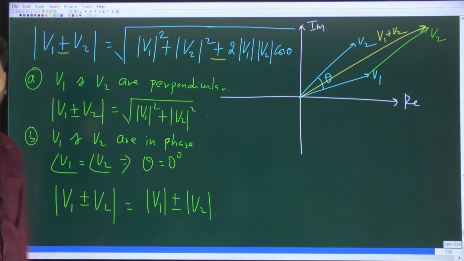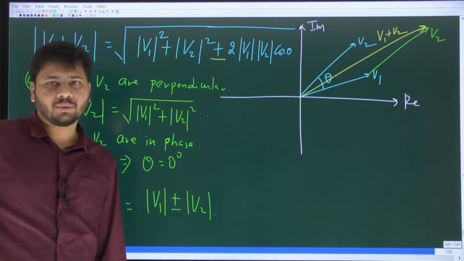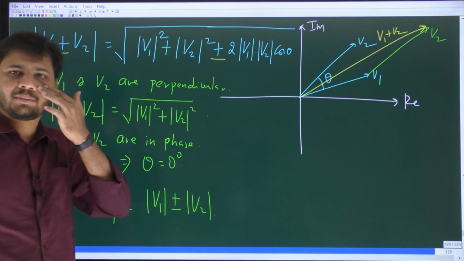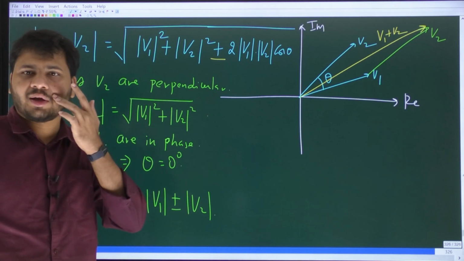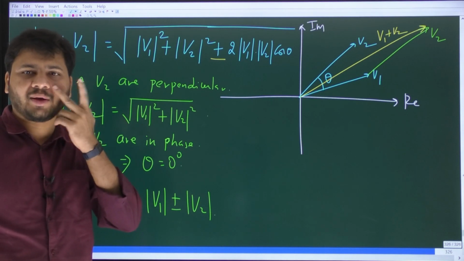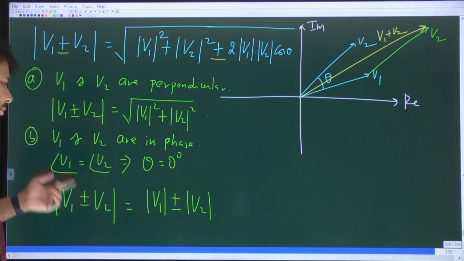You understood? I mean, a square plus b square plus 2ab is a plus b whole square, or a square plus b square minus 2ab is a minus b whole square. Same thing I've used here.